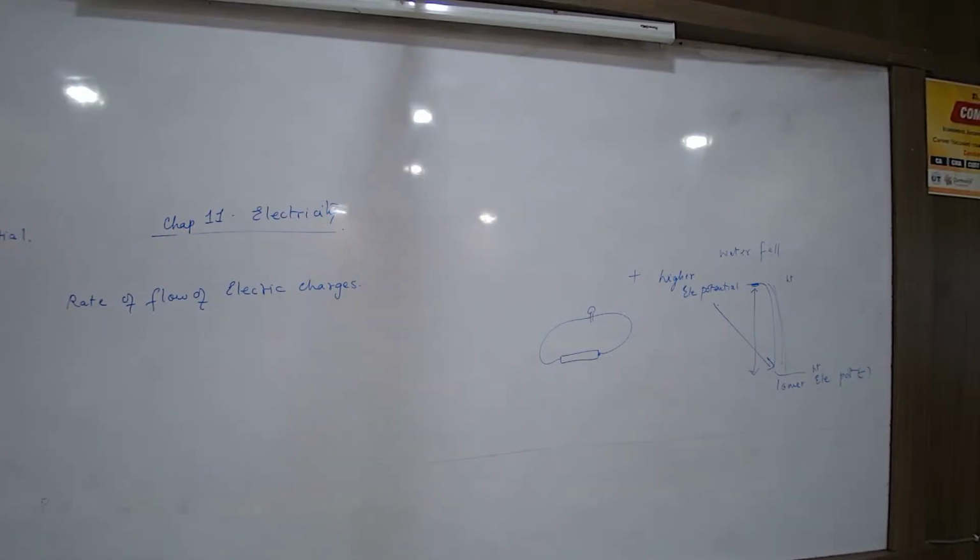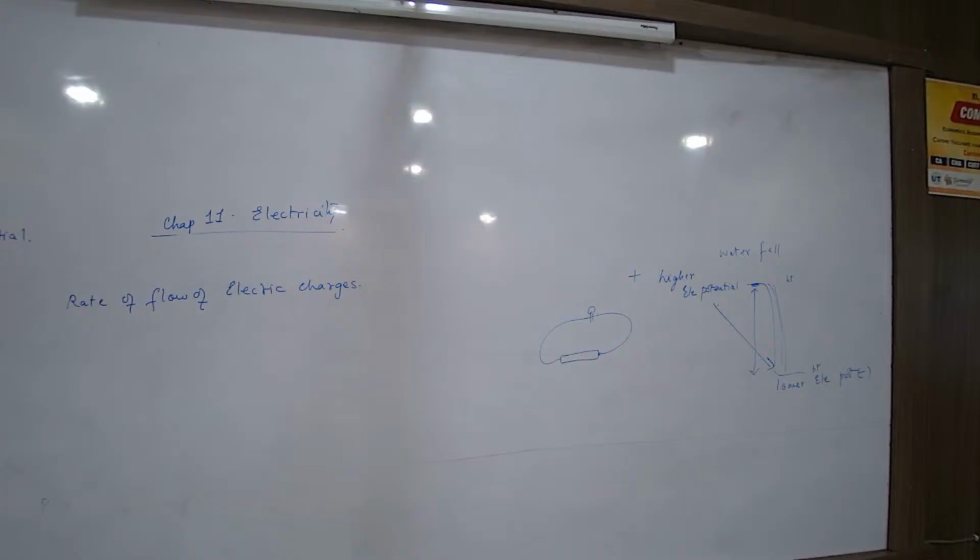Is that okay? Have we underlined all these lines here? Go on to the next page. We are talking about electric charges. When we say electric charges, we are expressing something about the charge present on the electrons.